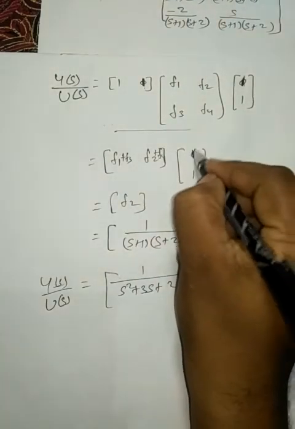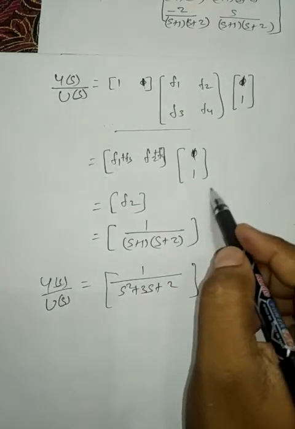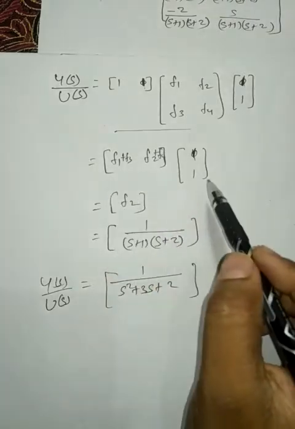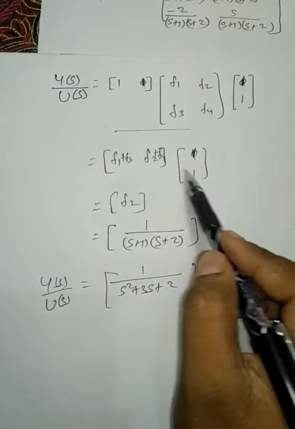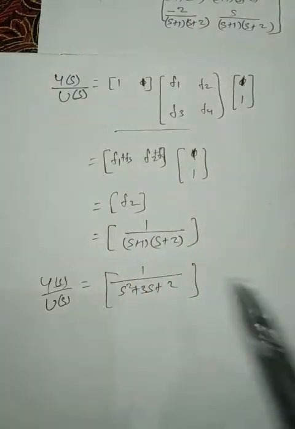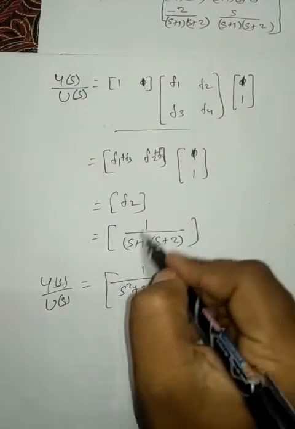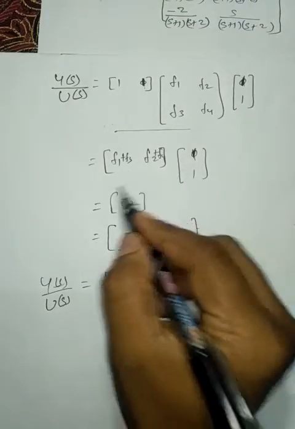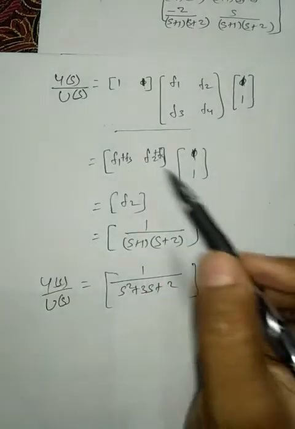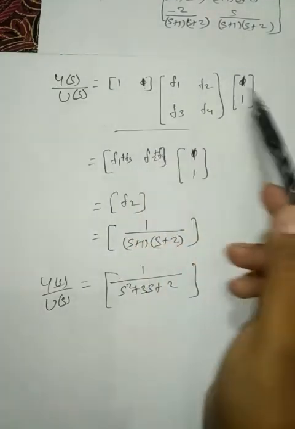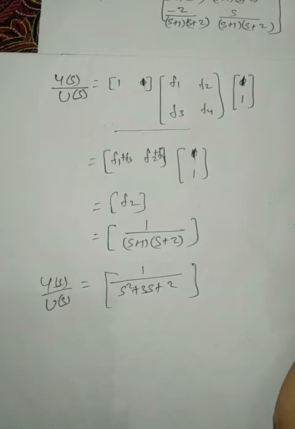And here we'll find our transfer function as this plus this, right? So this will be f1 plus f3 plus f2 plus f4, means f1 plus f2 plus f3 plus f4. This will be our final transfer function of the two input to output system.